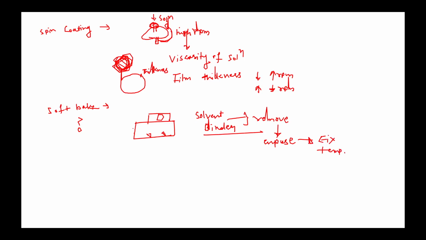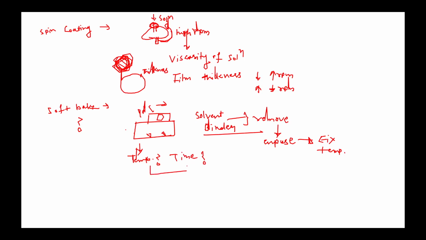Got it? So let's say here we give 90 degrees. Two things are important here: what temperature you are giving, and for how much time you are exposing or baking your film.